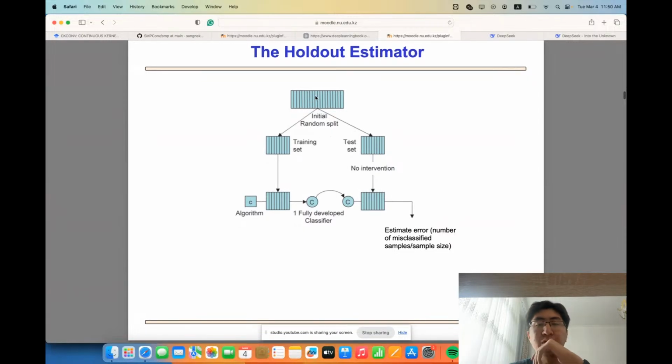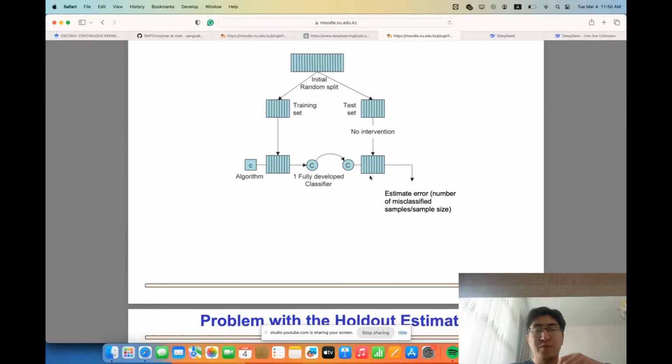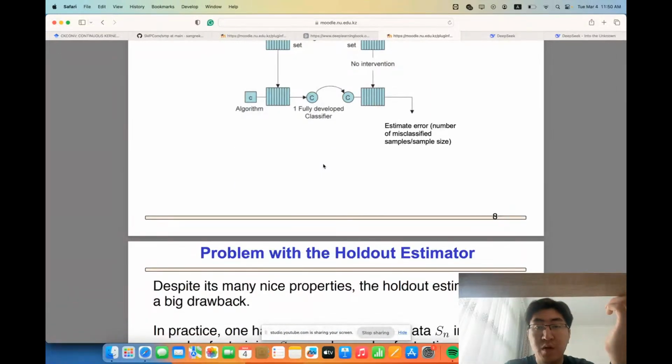We have our data and we split it into two. We fit the algorithm to the training set and develop a classifier. Then we use the test set just to check and examine the performance of the developed classifier.